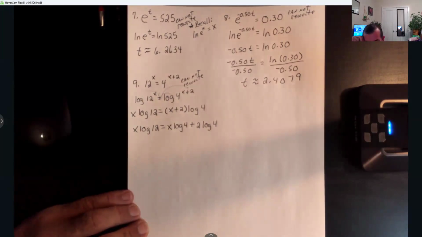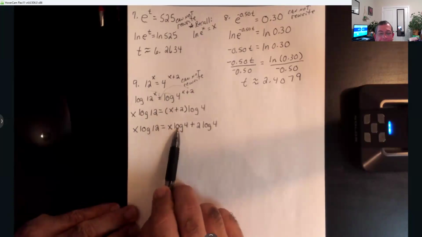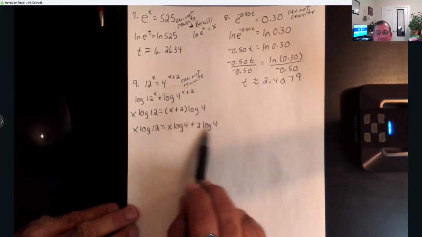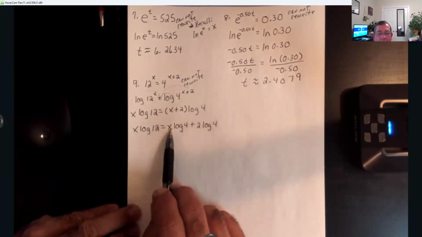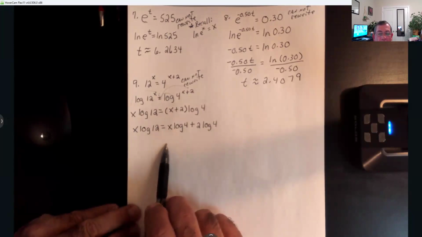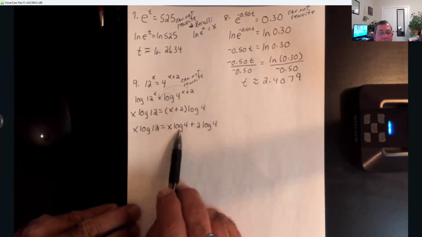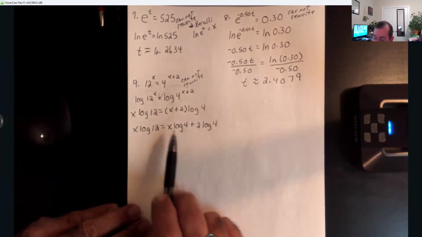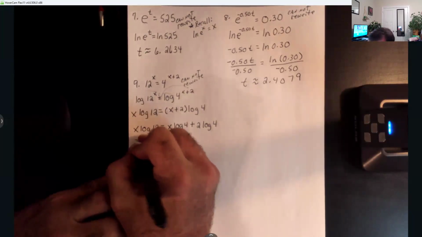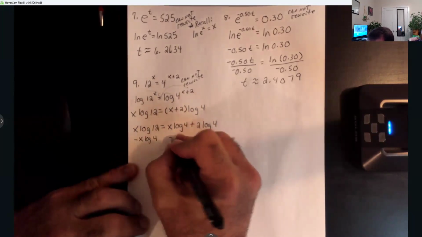So y'all, here's the thing on this one. I got an x over here and an x over here, but this x on this side has other stuff with it. So what I really want to do is move this x log 4 over to this side, and in order to do that, we're going to subtract x log 4 from both sides.